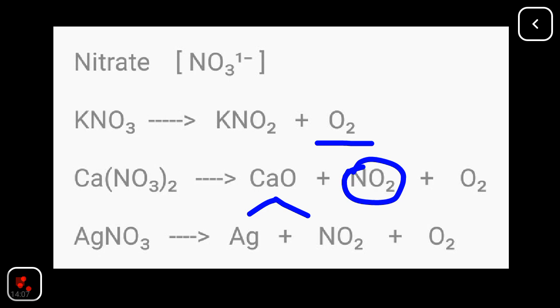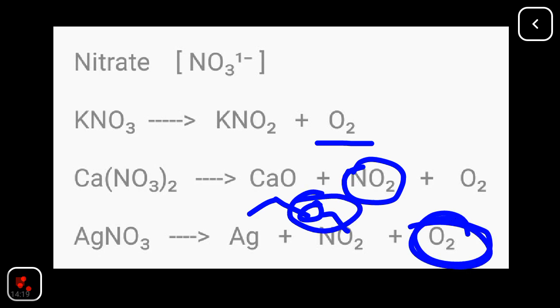They split it and form Ag, that's the metal, and the oxygen gas. So instead of another oxygen here, we just write it once. Then you balance your equation or put any numbers there to make sure you balance it. So that's what I really mean by the decomposition of nitrites.